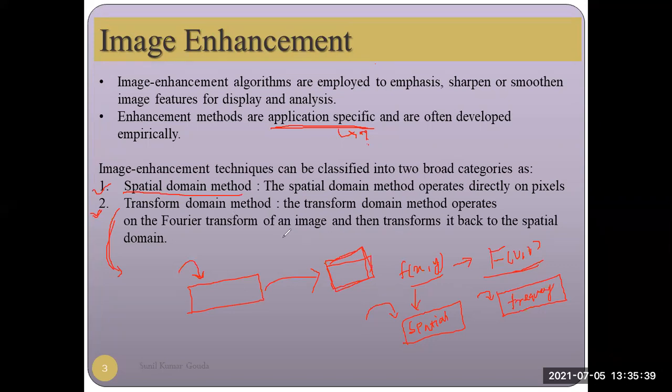Whatever enhancement we perform in the frequency domain, we have to convert it back into the spatial domain. The second point to remember is that image enhancement algorithms are application specific. What the user needs to analyze determines the type of transformation they have to perform.